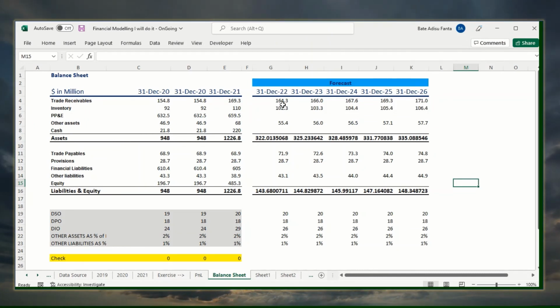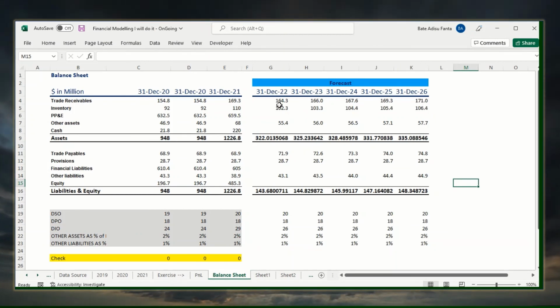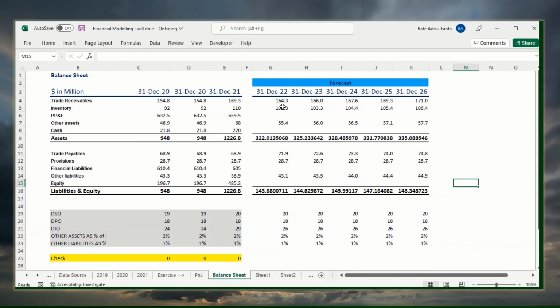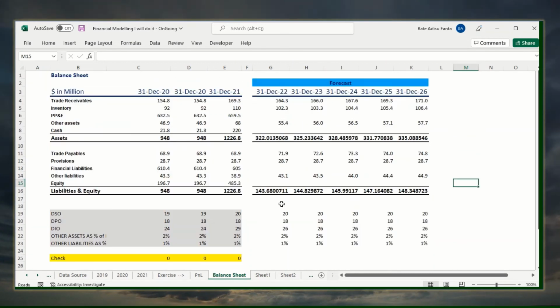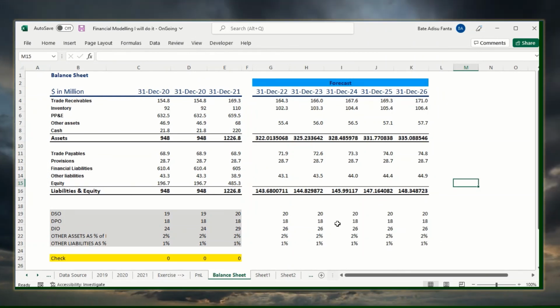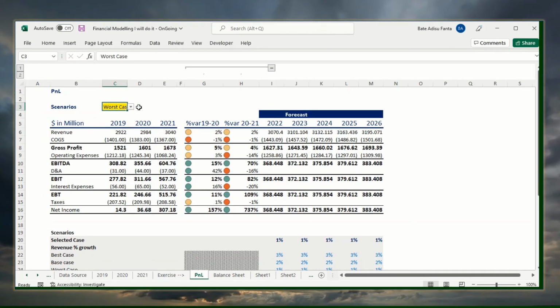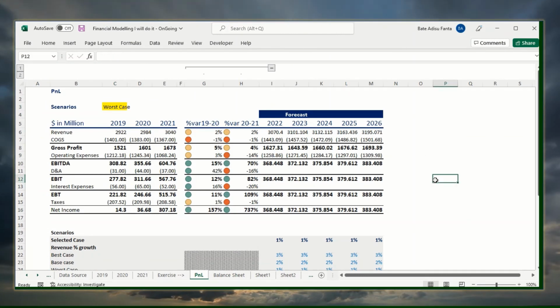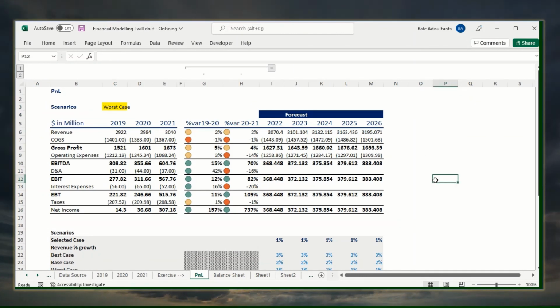In the worst case scenario, the trade receivable in 2022 will be 164 million only. So it changes everything that we are working on in the balance sheet when we switch the scenario here. So that looks so beautiful.